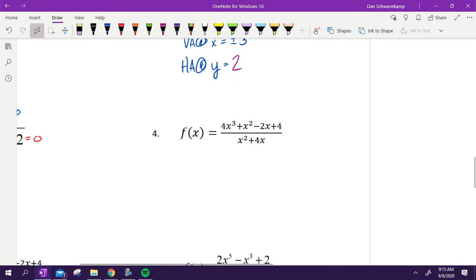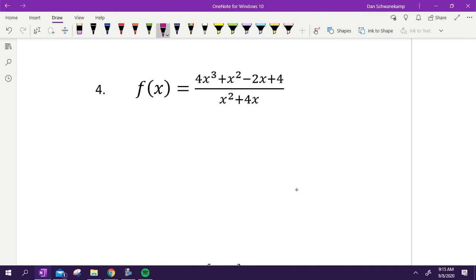On number 4, we're finding those things. Okay, so Herman, how'd you find vertical asymptotes there on number 4? Good. So she factored there. She factored into x and x plus 4. So you have vertical asymptotes at x is equal to 0 and where else? -4. Lovely.